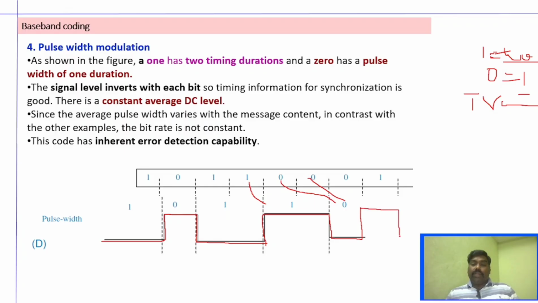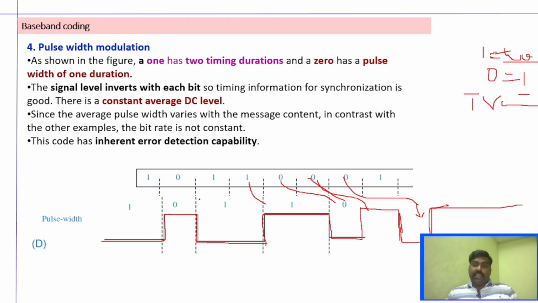Again it will be one, then a zero here, and you'll have a transition again, and for one duration like this it continues. Then you have one here, and if it is one, you'll have a transition, as I said, and then two durations.